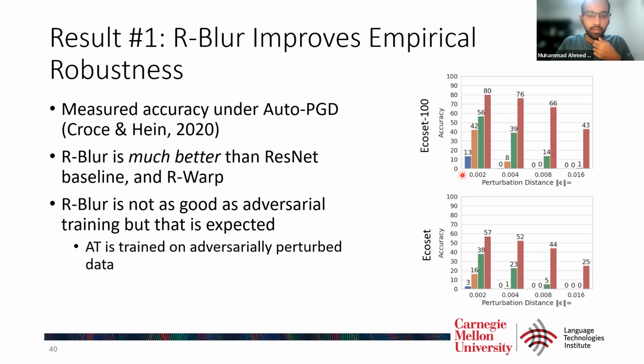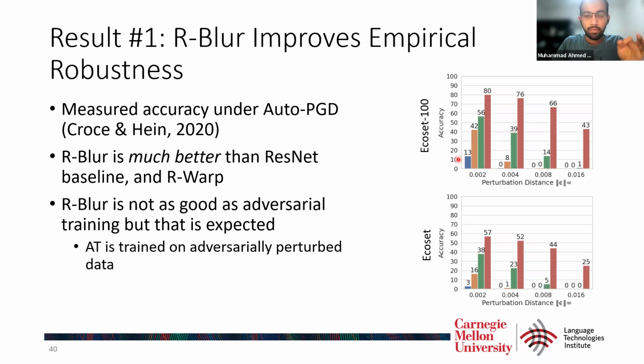What we notice right here is that the vanilla ResNet baseline model is totally destroyed by the adversarial attack. Its accuracy is totally gone. It's getting 3% or 13% accuracy. It's practically not functional. The R-warp model does a little better. However, it doesn't do as well as R-blur.